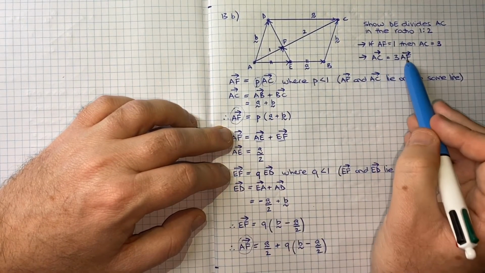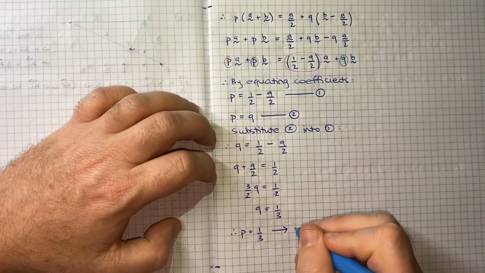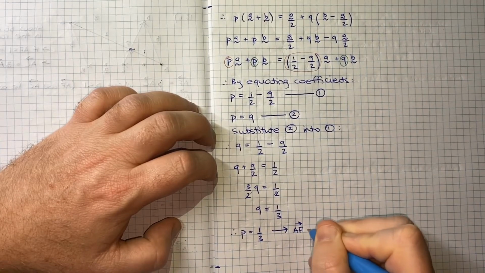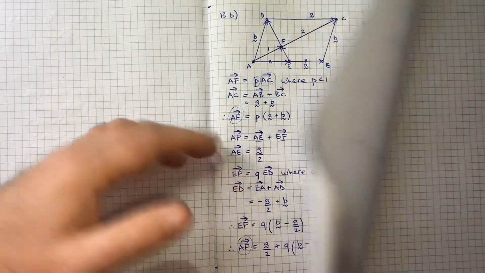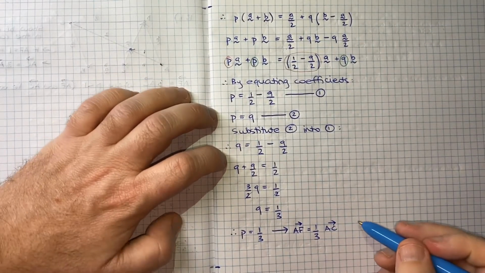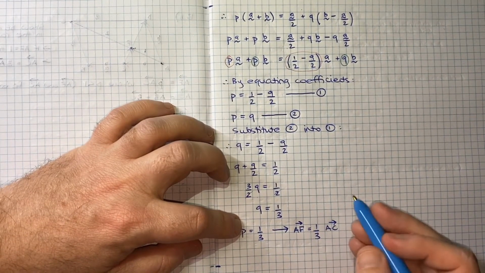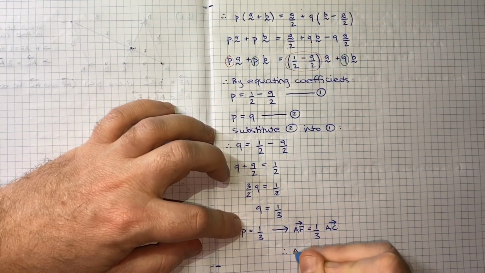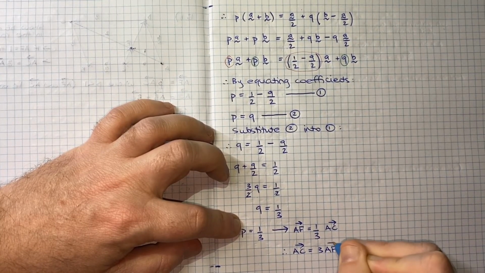And we want a relationship between AF and AC, so let's throw that in. So we can say, therefore, AF vector is equal to a third AC vector. And now just by bringing up the 3, and maybe I'll just reverse the order, I can say therefore AC vector is equal to 3AF vector.